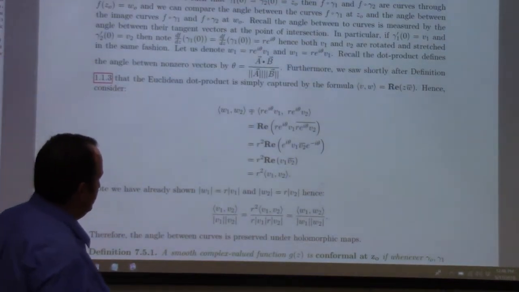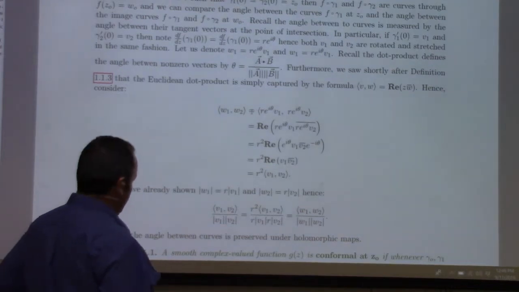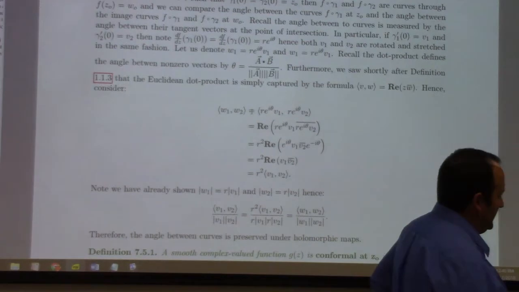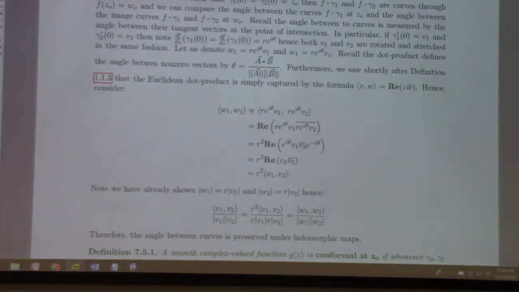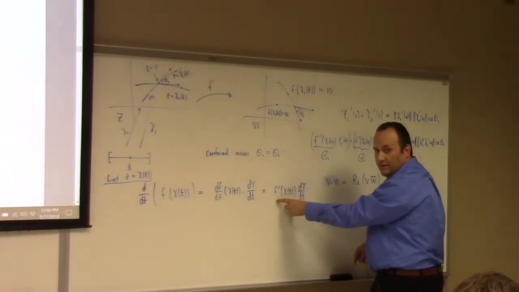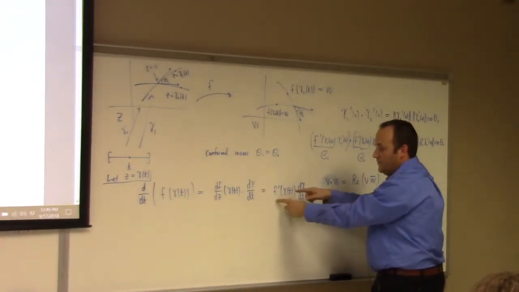Which was to essentially point out that the tangent vector to the new curve, when you look at this formula right here, this is a complex number, right? At the point, this is f prime of gamma of 0.